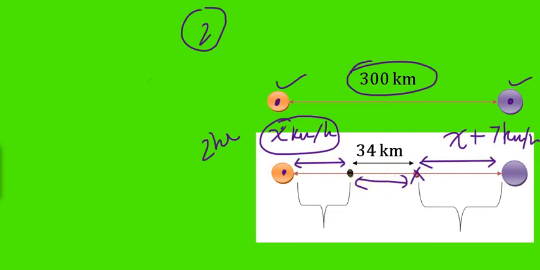Okay, now for a clear understanding of what is happening here, let's find the distance that these two motorcyclists have covered in this 2 hours. So distance is nothing but speed into time. So let's first find the distance covered by the motorcyclist who has x kilometer per hour speed. So his speed is x kilometer per hour, so x into time.